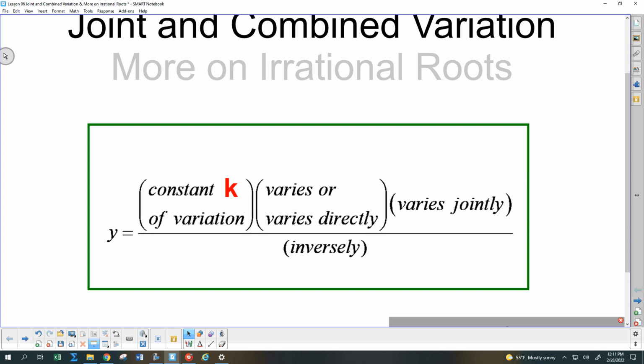So it says two of them in that way. And so then we put the direct one in the numerator and the inverse one in the denominator. So we're going to have, besides the y equals k, two or more variables that we plug into the formula. And that's the only difference in what we're seeing today.